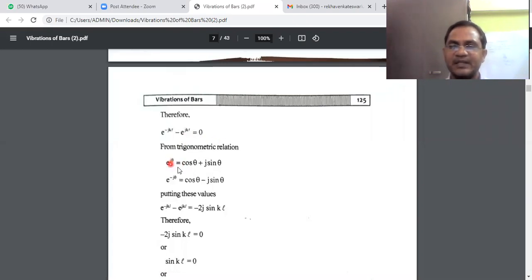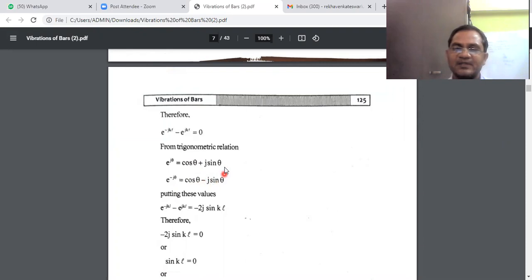E power j theta equal to cos theta plus j sin theta. E power minus j theta equal to cos theta minus j sin theta. So accordingly, e power jkl is cos kl plus j sin kl, and e power minus jkl equal to cos kl minus j sin kl.